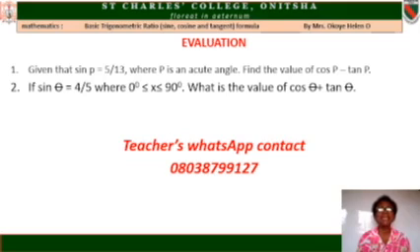So sine theta equals opposite over hypotenuse. CAH: C for cosine, A for adjacent, H for hypotenuse. Cos theta means adjacent over hypotenuse. TOA means tangent, opposite over adjacent. T is for tan, O for opposite, A for adjacent. So tan theta is opposite over adjacent.